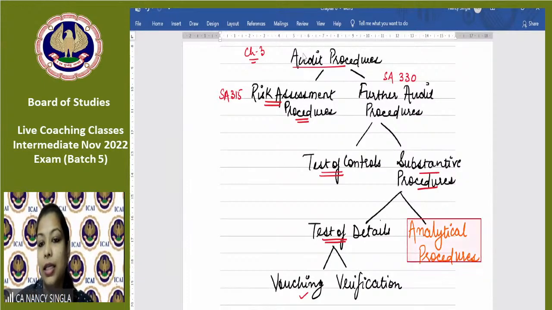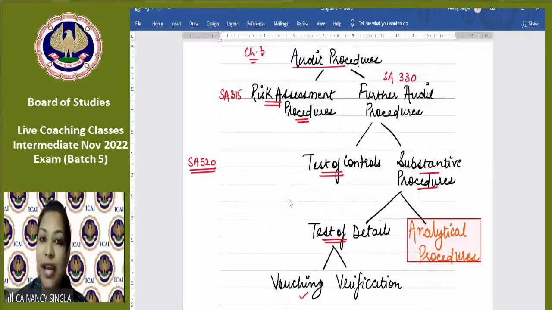So today we'll be doing each and everything about analytical procedures. And what is the standard number? SA 520 is there. The name of the standard is Analytical Procedures itself.